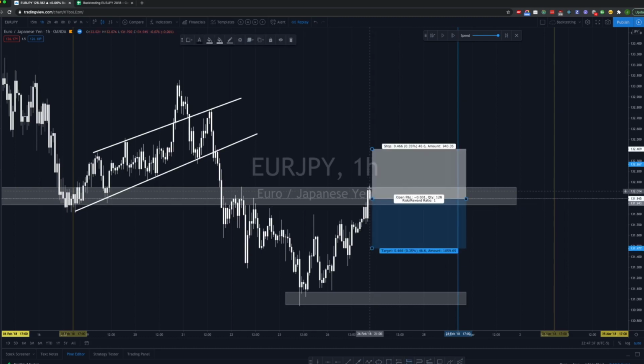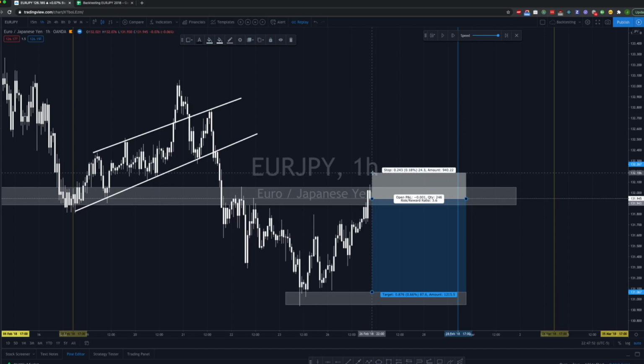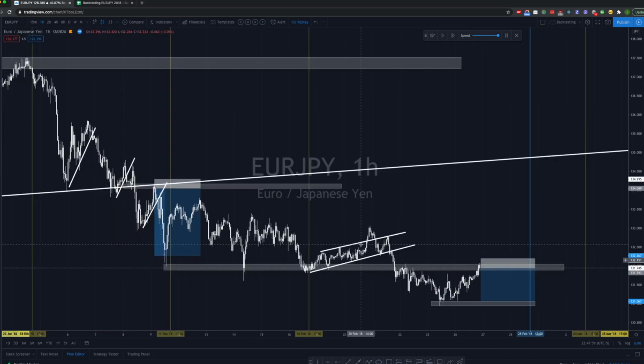That will be a short position. I'll put stops just above the level, something like that. Target previous lows, right? So down to this zone. That would be my first target. I would be 4-to-1 risk to reward. I'll just give it a little bit more room to breathe. So 3.5, 25 pip stop loss. So something like that, right?